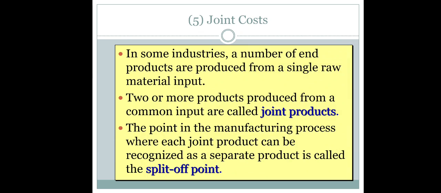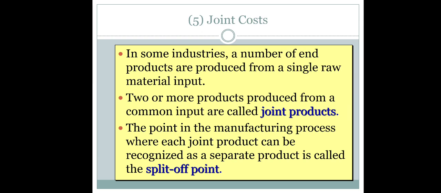So the thing is like this. In many businesses, one raw material can produce several types of finished product. For example, let's say Barrel's chocolate. The raw material is chocolate, and after processing that chocolate, maybe they can produce more than one end product.